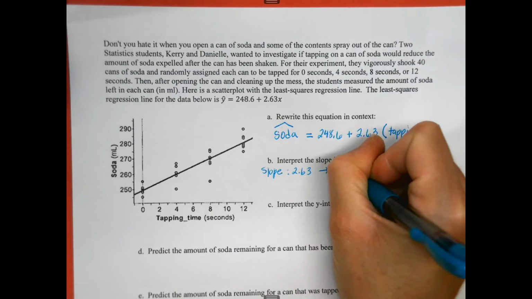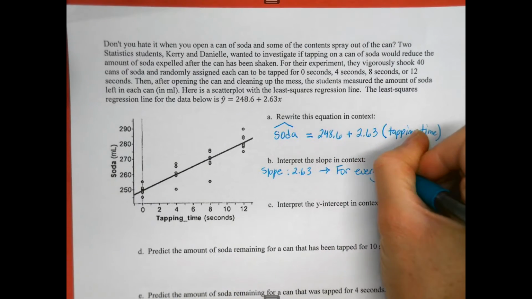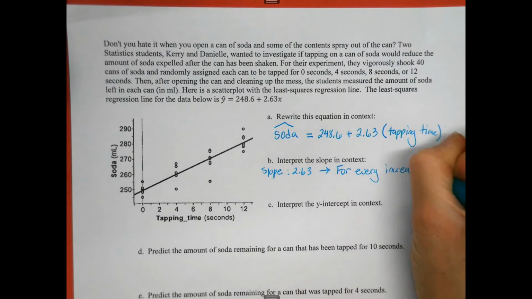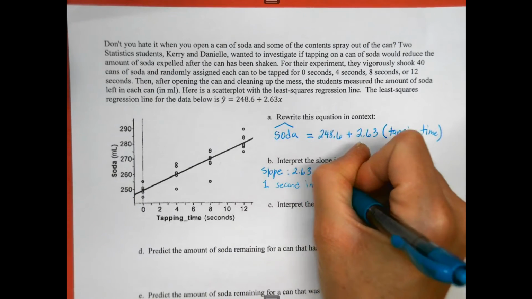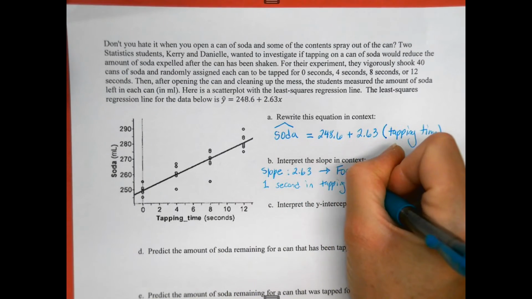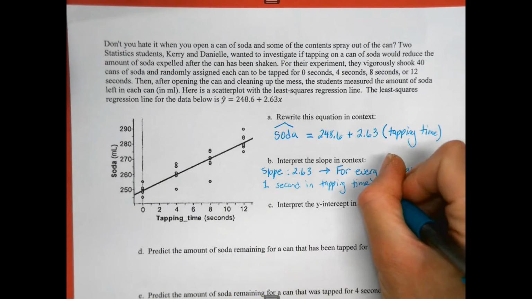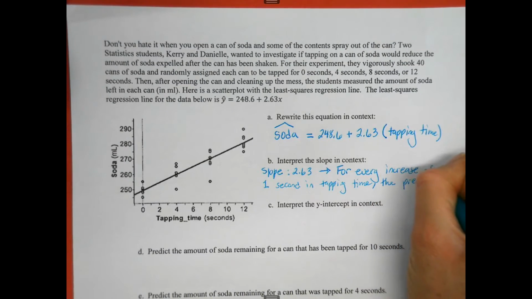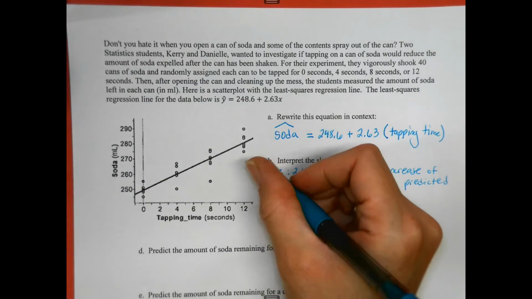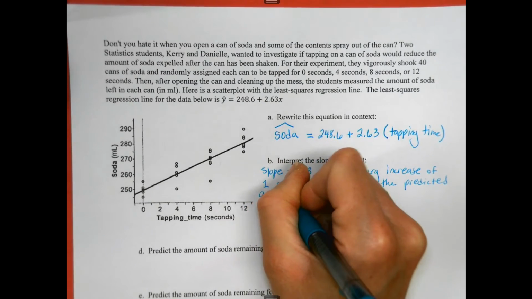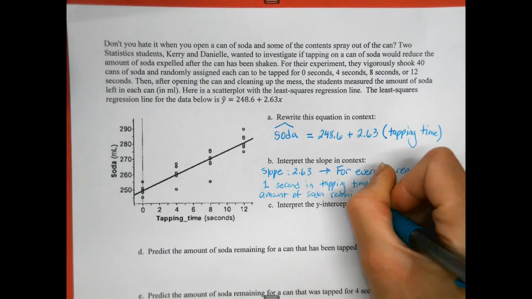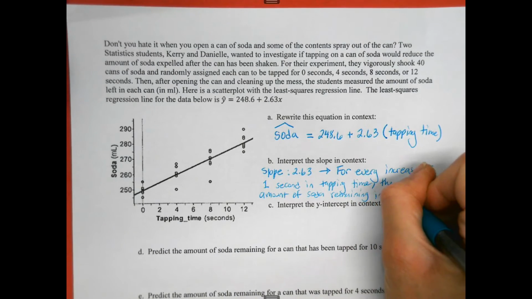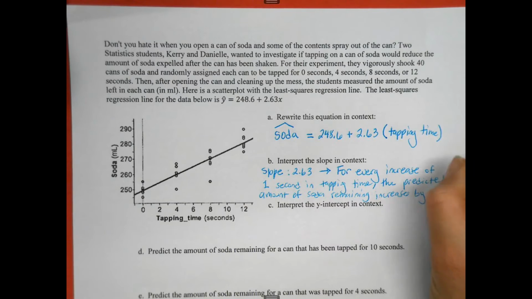So for every increase of 1 second in tapping time, the predicted amount of soda remaining increases by 2.63 milliliters.